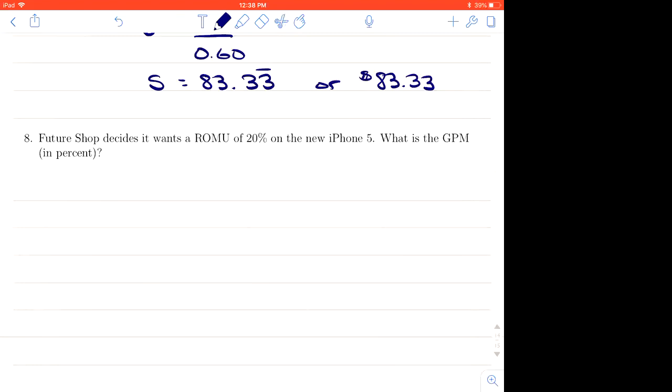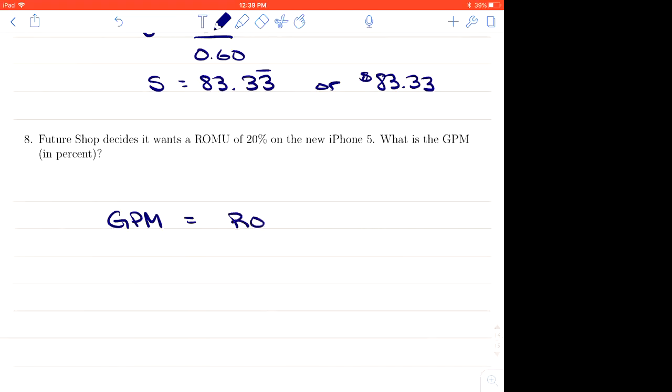So we want to solve for the gross profit margin, which, I can't remember off the top of my head, is the ROMU over 1 plus the ROMU.